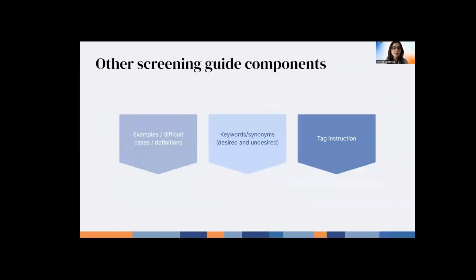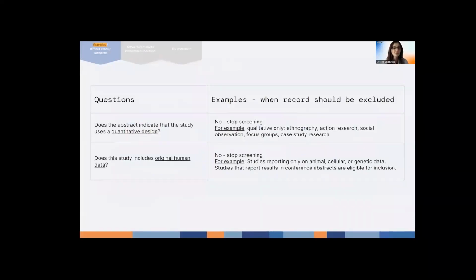On the basis of the previous example, we can support our screening process in 3 ways: by adding examples, difficult cases, and definitions, by adding keywords and synonyms, and finally, tag instructions. So here we have an example of a screening guide. Authors provided here examples of records that should be excluded.